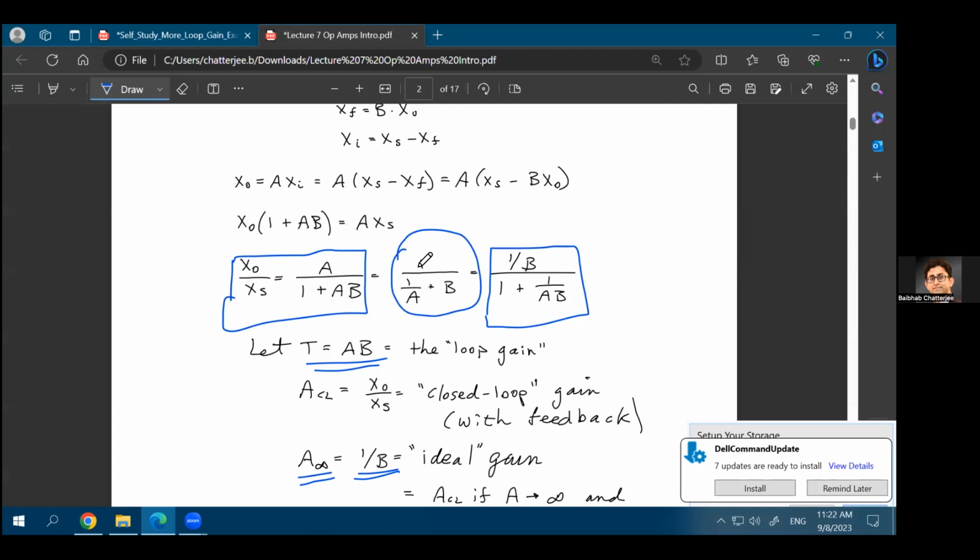Your numerator is 1, your denominator is 1 upon A. If A is equal to infinity, then this term goes away. What you are left with is just B. So this is 1 upon beta or 1 upon B, which is basically your A infinity. This is another way of showing that we are working with the same equation. Even though we are representing them in different forms, we are working with the same equations.